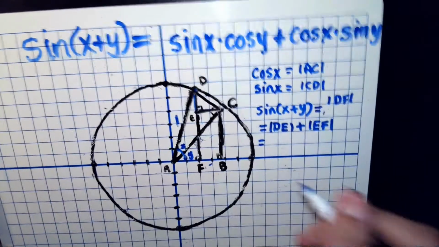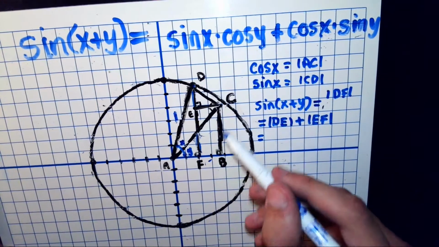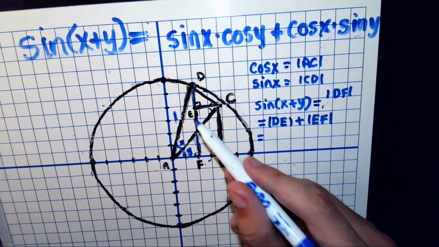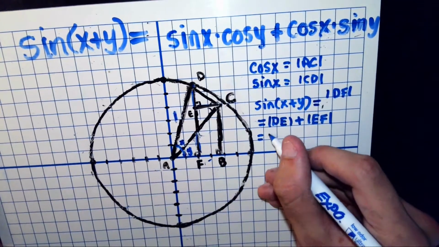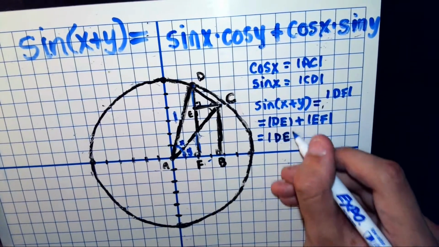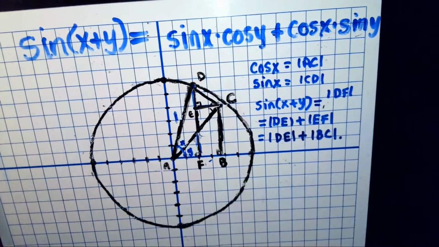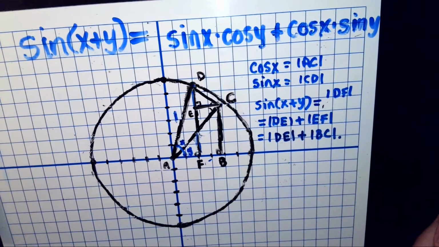And notice EF and BC are entirely the same because we have a rectangle by construction. So therefore this would be DE plus BC. We just replaced EF with BC because we have a rectangle.